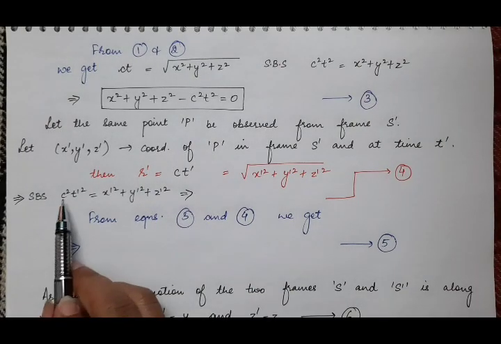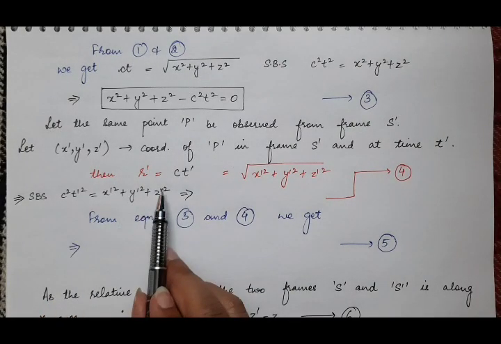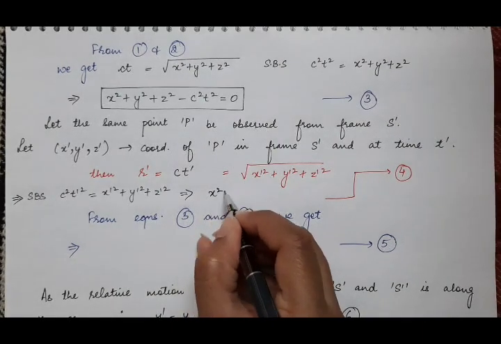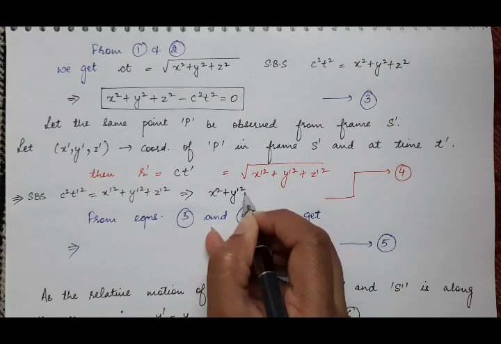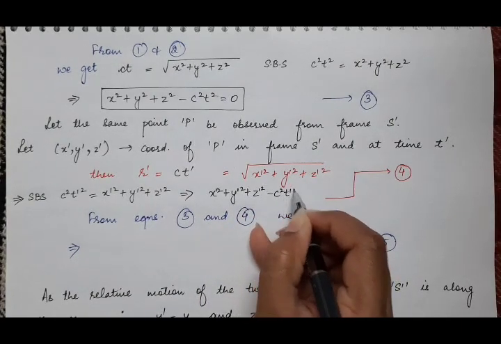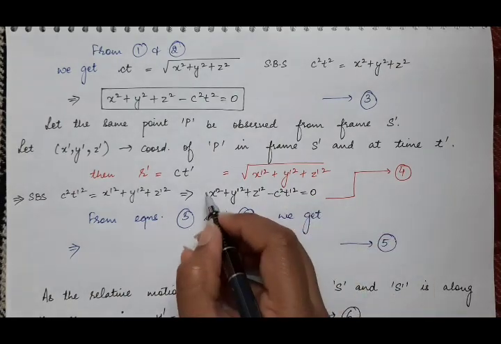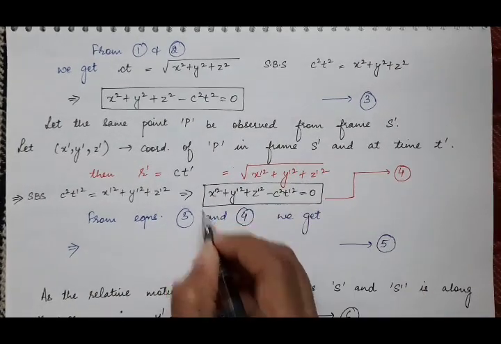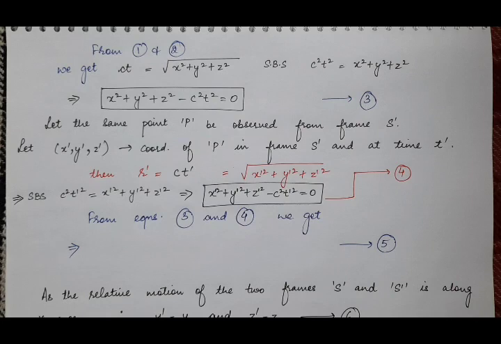Then move this c square t dash square to this side, and you will get x dash square plus y dash square plus z dash square minus c square t dash square equal to 0. Suppose this is equation 4th.